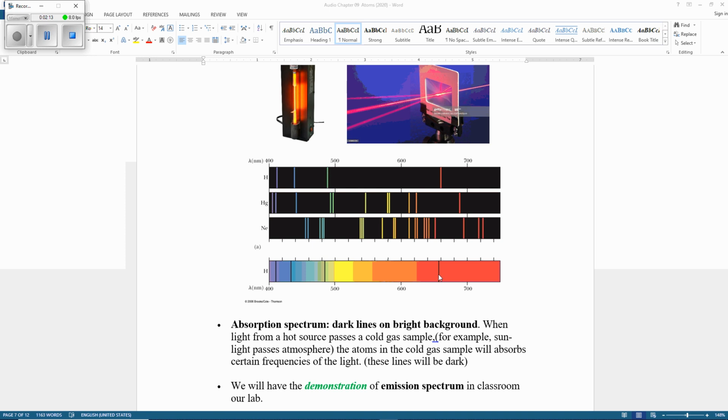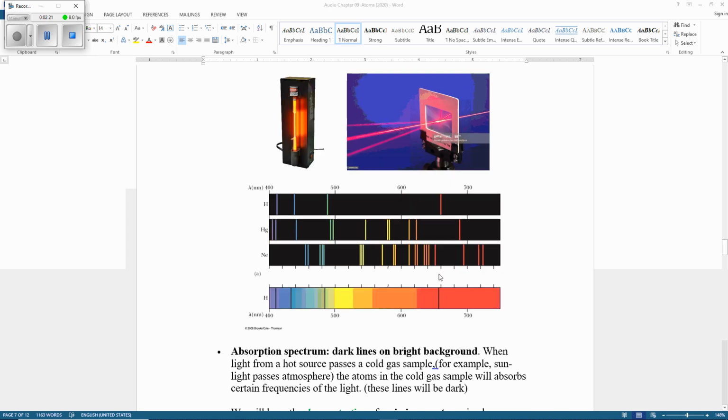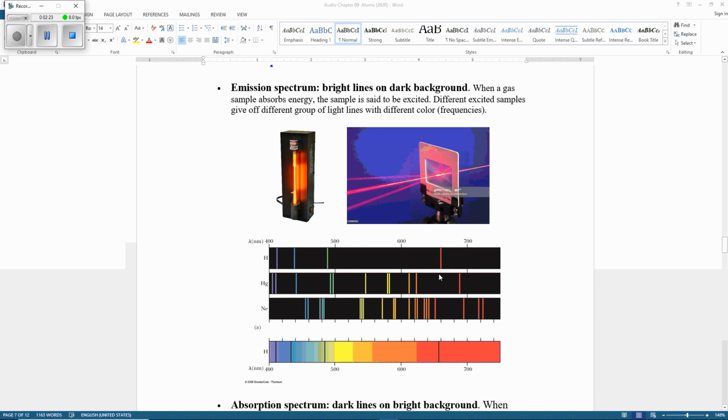Because the atoms in the atmosphere absorb those frequencies, so they're missing. So again, we can study atoms just by studying the spectrum. This we call the emission spectrum, dark background, bright lines, and this we call absorption, dark lines on a bright background.